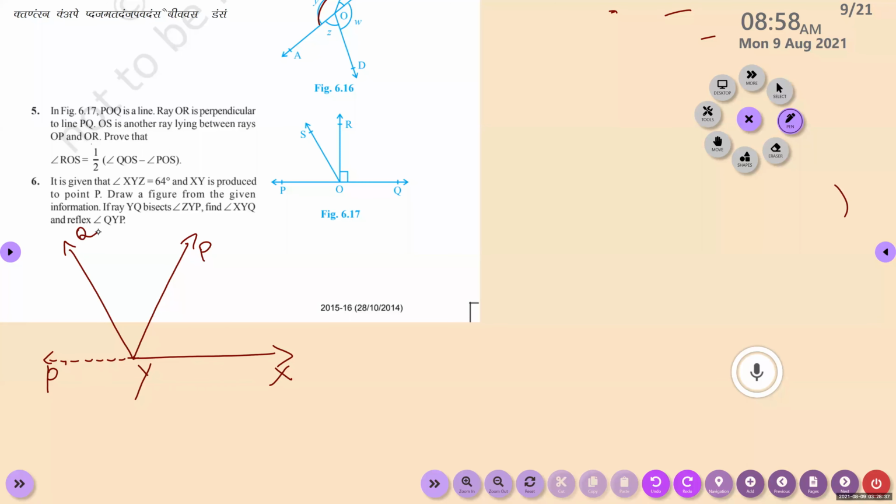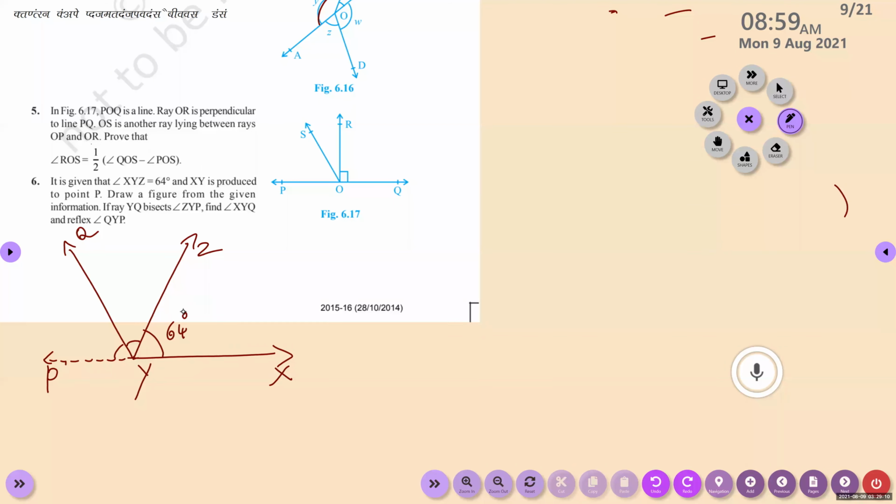YQ bisects ZYP, so these two angles are equal. Find XYQ and reflex QYP, given that XYZ is 64 degrees.